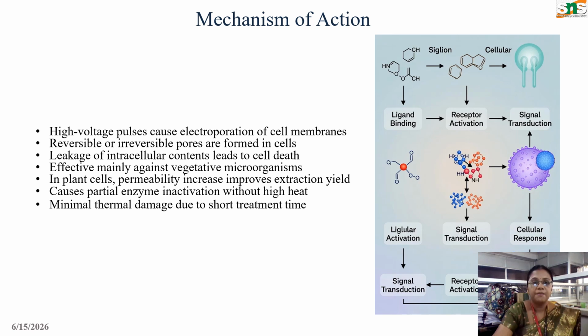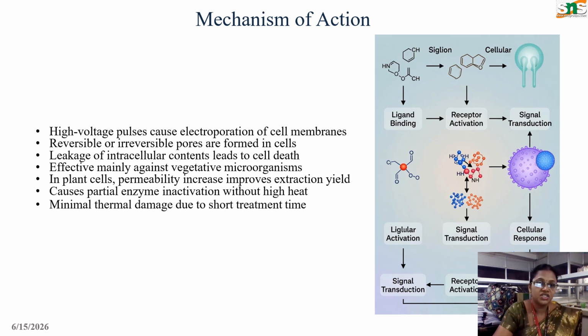So this is the mechanism of action, how PEF actually takes place. High voltage pulses cause electroporation in the cell membranes. Either reversible or irreversible pores are formed in the cells. Leakage of intracellular contents leads to cell death, which is effective mainly against vegetative microorganisms, and in plant cells permeability increases and improves the extraction yield also.